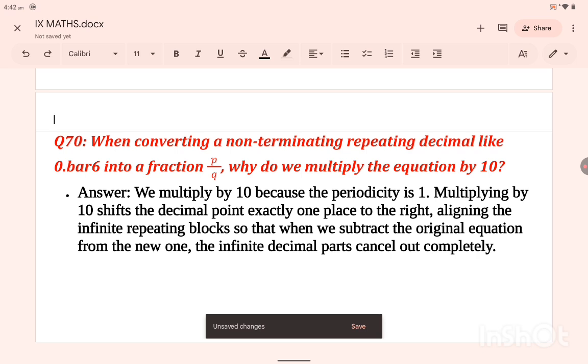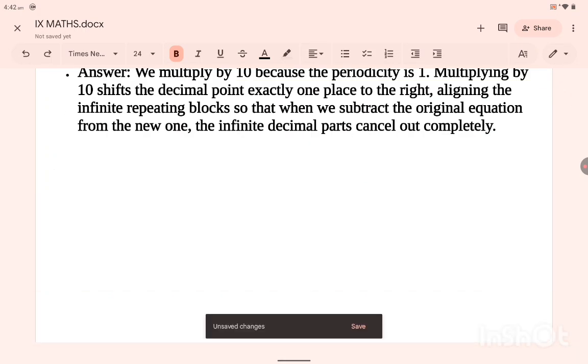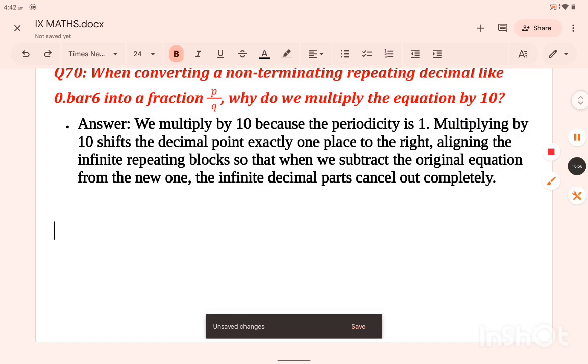Here we know the main reason, especially for cancelling the infinite decimal part, to multiply by 10 or exponents of 10.